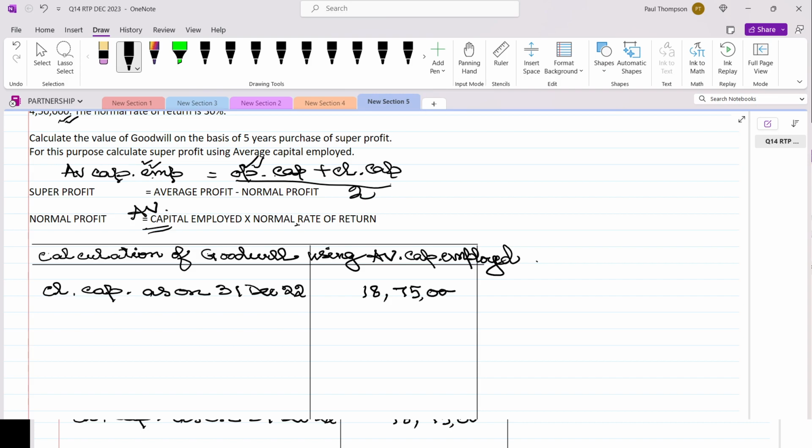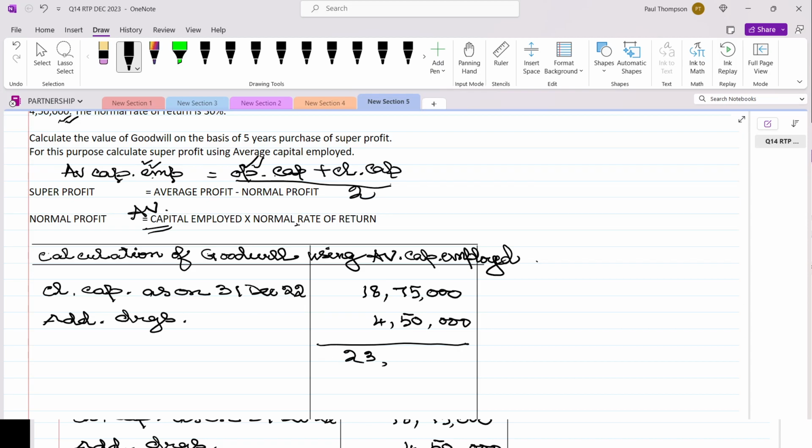Add drawings made during the year. Because the drawings are given without bifurcation, we are not making separate entries for partners. Drawings is 4,50,000. The total comes to 23,25,000.